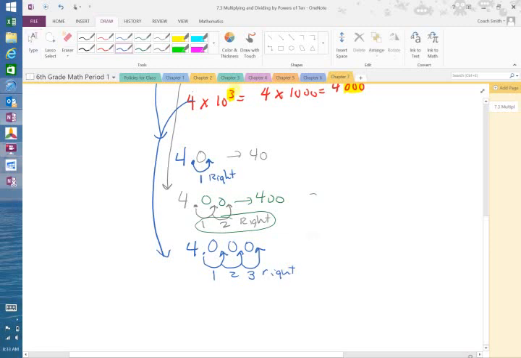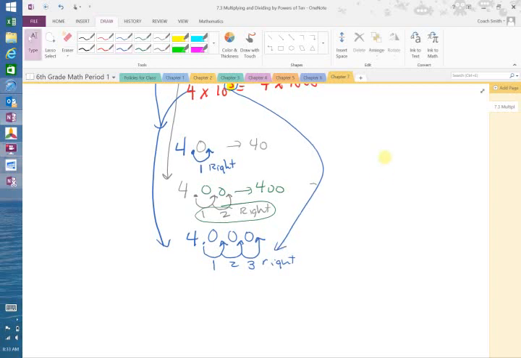And that represents the 3 right there. So what you're really doing, and the reason I say this is because I'll show you an example in just a second, is moving the decimal and adding zeros where necessary. Because here's why.